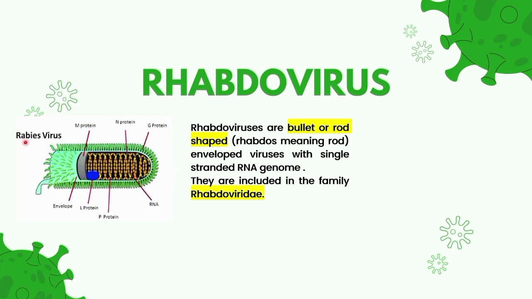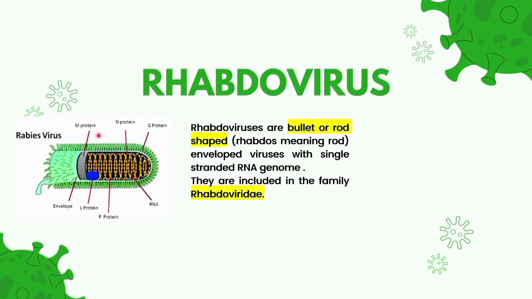So coming to the structural components of this rabies virus, it has a G protein, as you can see in this picture. G stands for glycoprotein. It is located on the outer surface, which helps in attachment and entry into the host cell. And it is very important for the immune response and vaccine development. The next protein is the M protein.